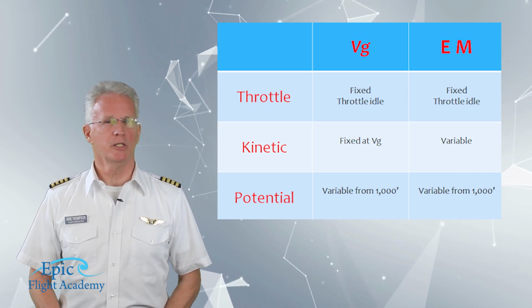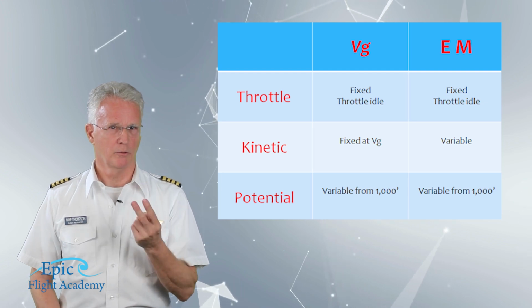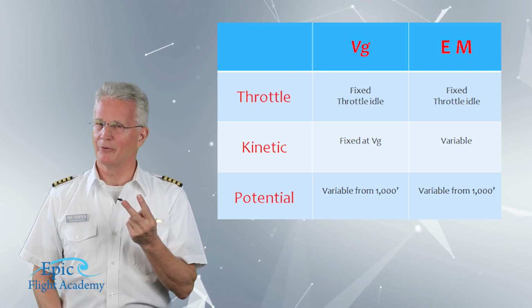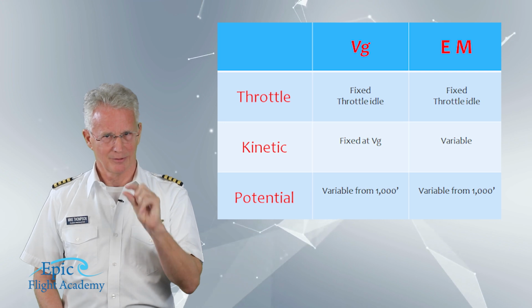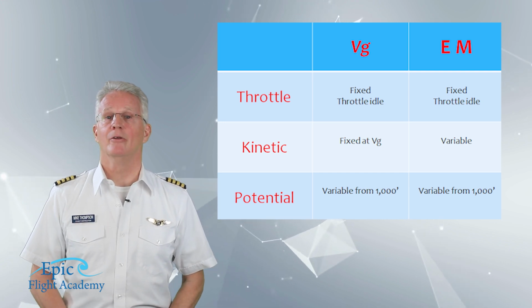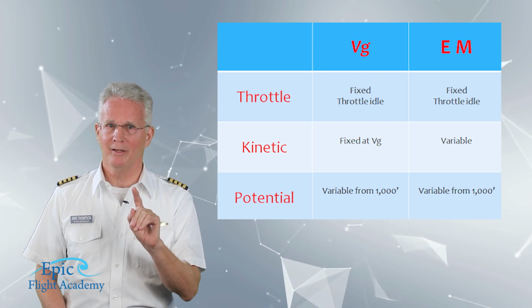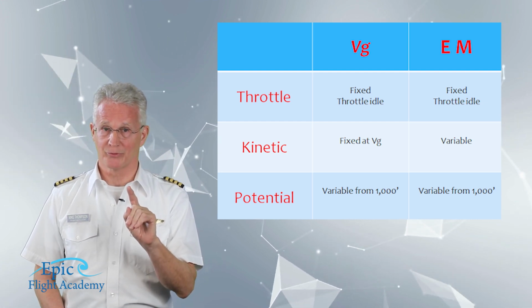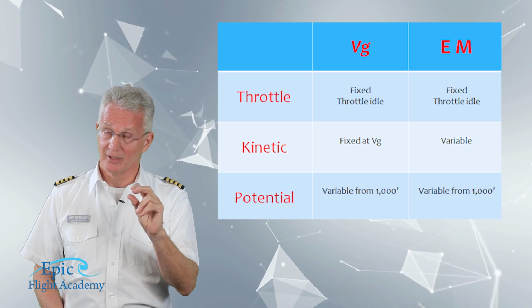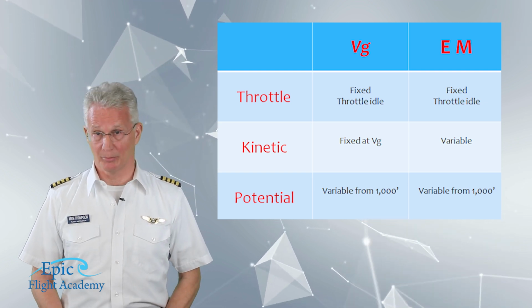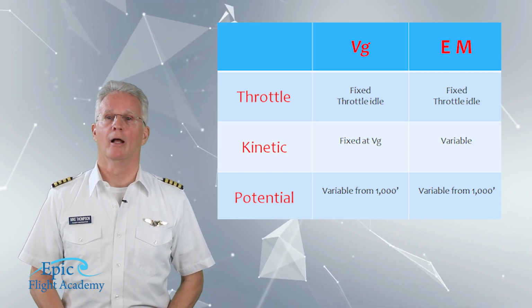Notice in the VG technique, two of the three energy variables are fixed. Notice in the energy management technique, only one of the variables is fixed and two are variable, giving us more options.